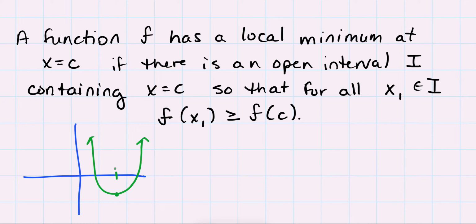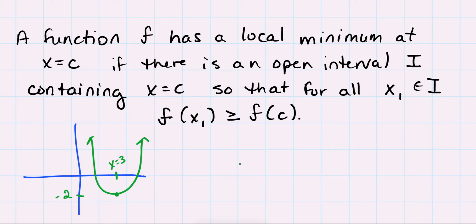So let's say this is x is equal to 3, okay? This point down here, you can see that this is the lowest point of the graph. It's a minimum. And the f value is the minimum. So we have a local minimum, and let's say this value is -2.